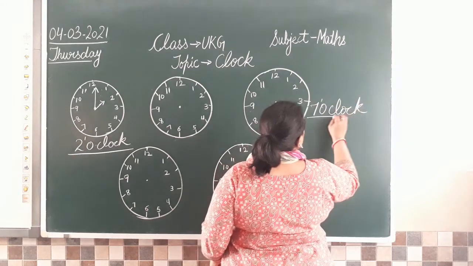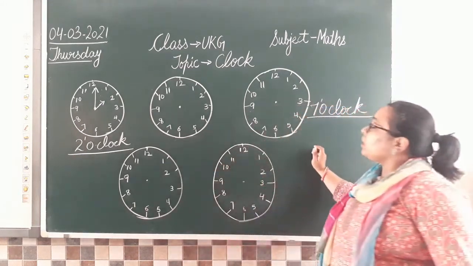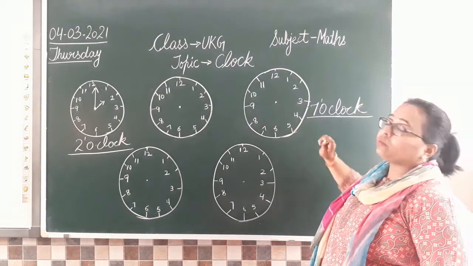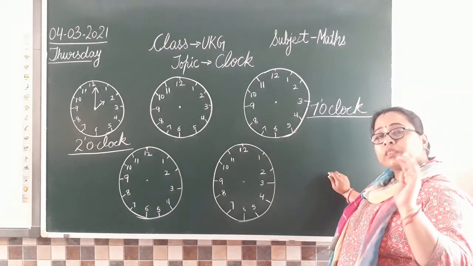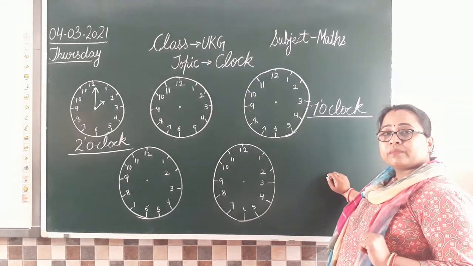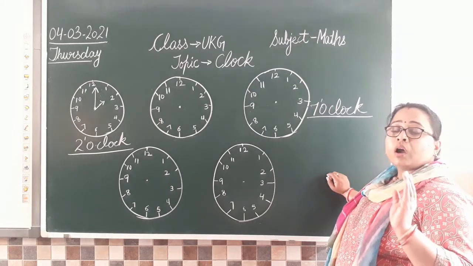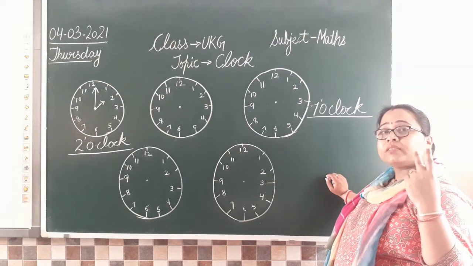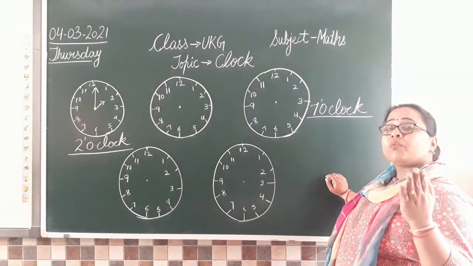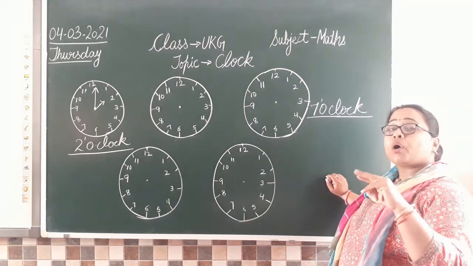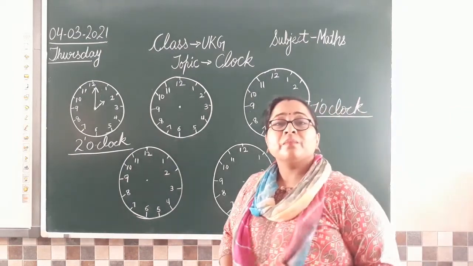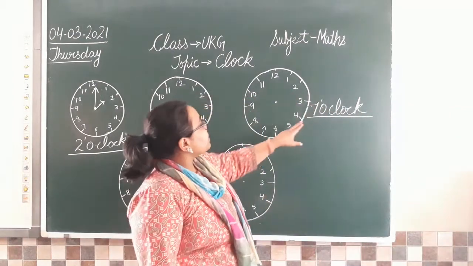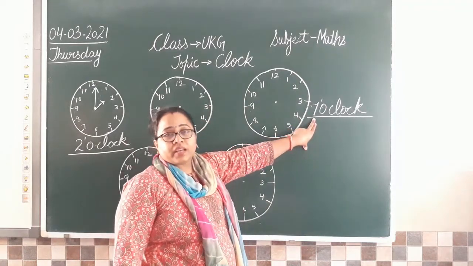अब आपको क्या करना है? इस क्लॉक में आपको मुझे 7 o'clock टाइम बना के दिखाना है. So what are you going to do at that time? You remember I taught you how you can draw the two hands. Whenever we are talking of any o'clock full time, the short hand will always be towards the given number, isn't it?